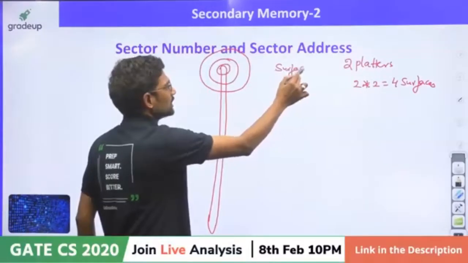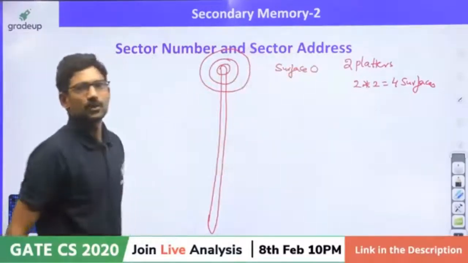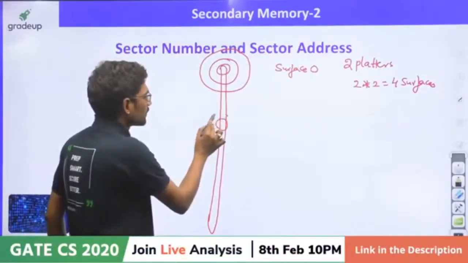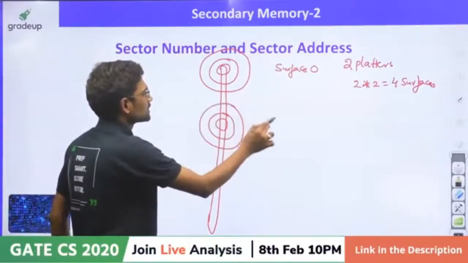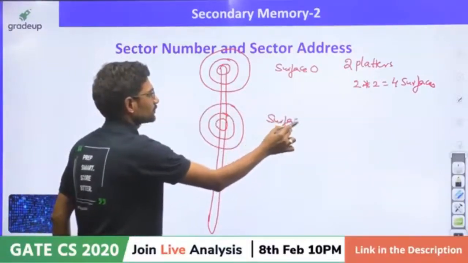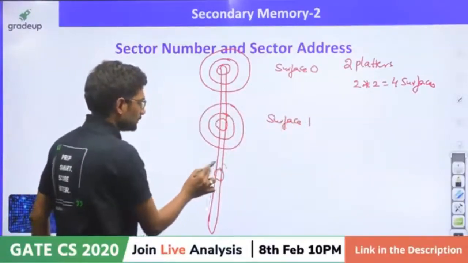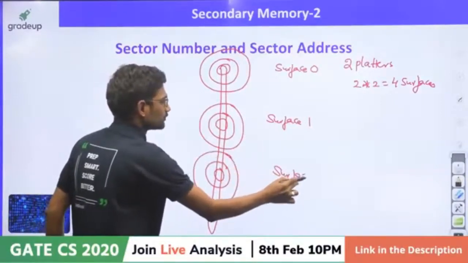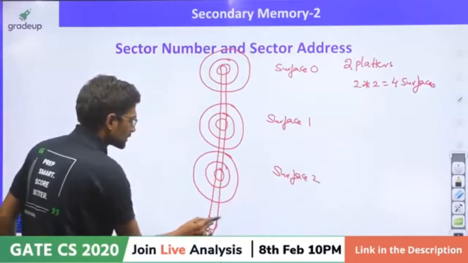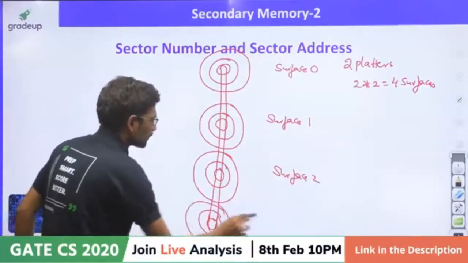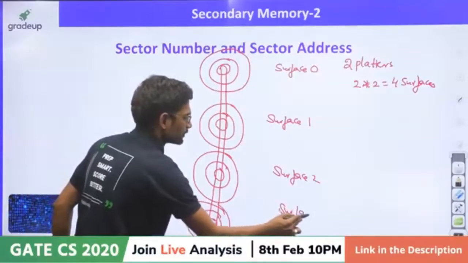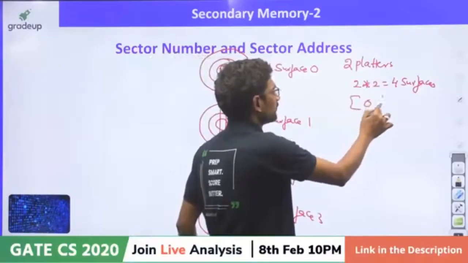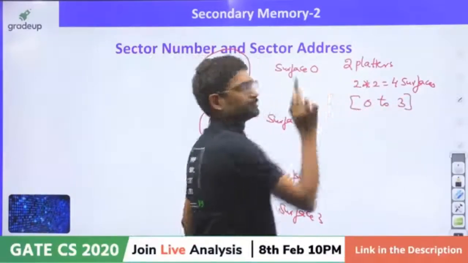This would be surface 0 because numbering always starts with 0. Then this is surface 1, this is surface 2, and the last surface is surface 3. So in total we have 4 surfaces numbered from 0 to 3.